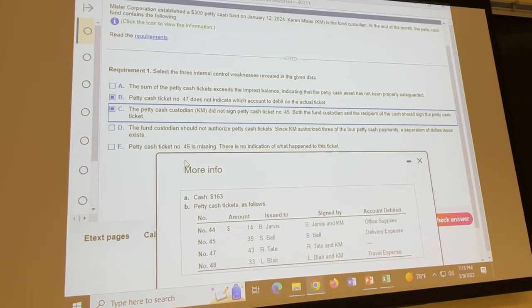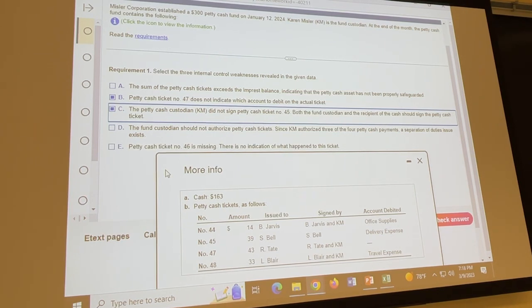There is still a separation of duties, by the way, because at the end of the month, it's the accounting department that reconciles the fund, and it's the treasurer's department that goes to the bank to cash a check to replenish the fund.